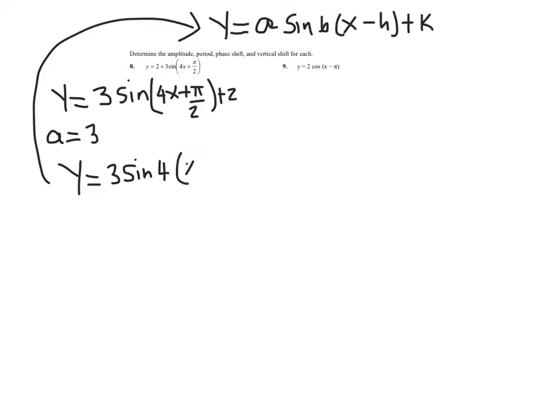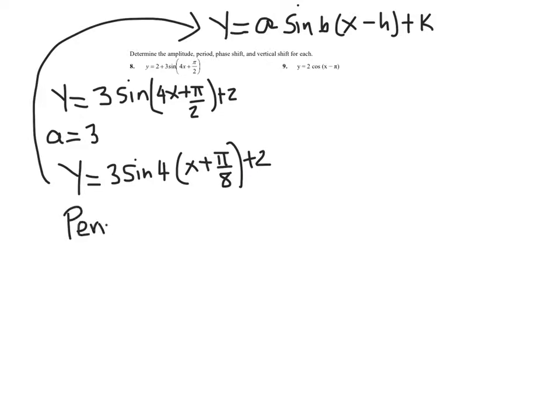So this is going to be (x plus pi over 8) plus 2. And remember, now it looks like the general transformation equation. If I multiplied by 4, distributed it inside, I would end up with the same thing. So I can now find the period.